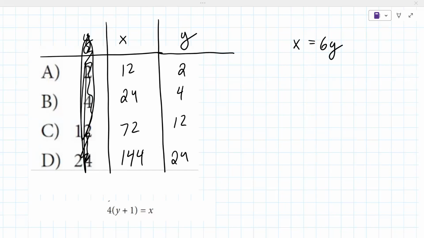B? You said D like dog? No, B, I think. Okay. So we have y is 4.